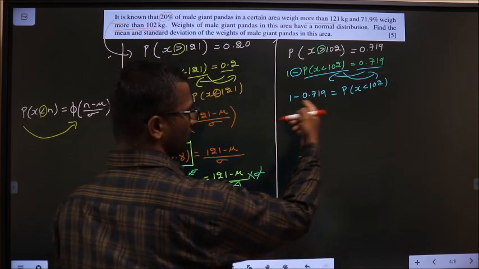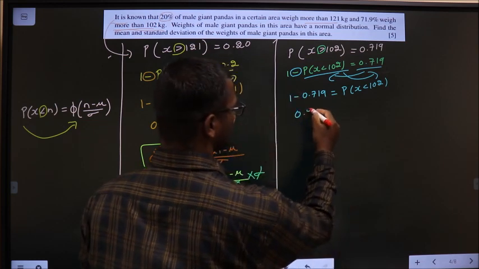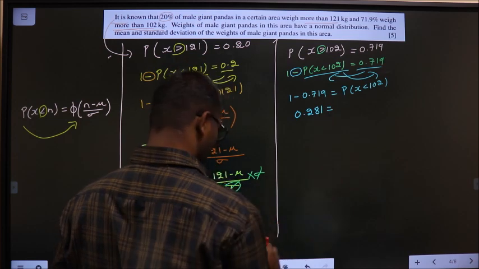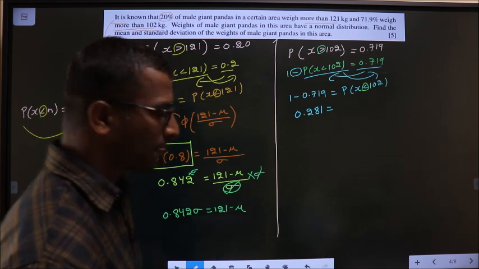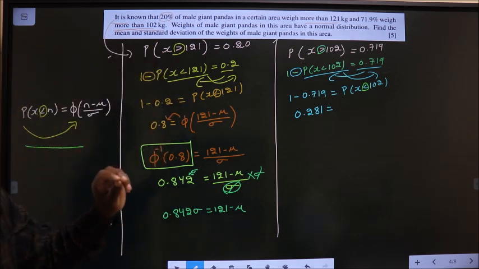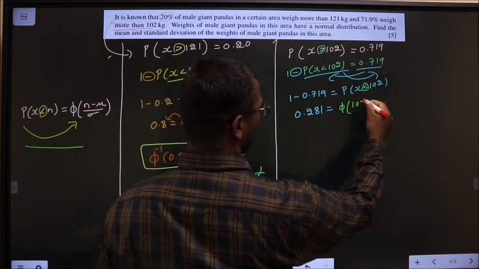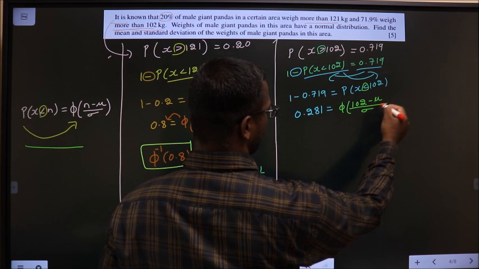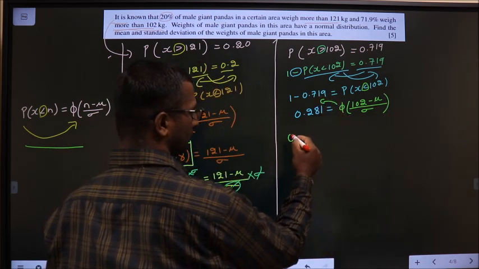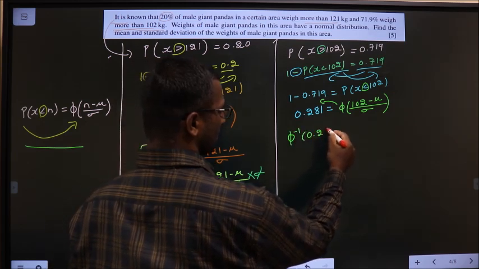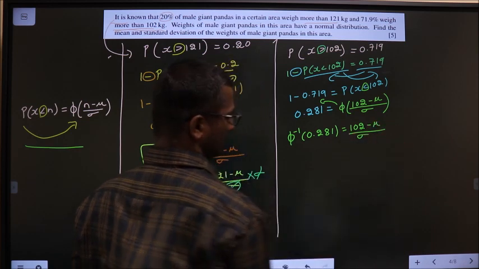Okay, now 1 minus this is nothing but 0.281, equal to, here you see the symbol is less than, so P will get converted to phi. So phi of 102 minus mean we don't know, by standard deviation also we don't know. Next, to simplify further, shift phi to the other side. So it will become phi inverse equal to 102 minus mean by standard deviation.